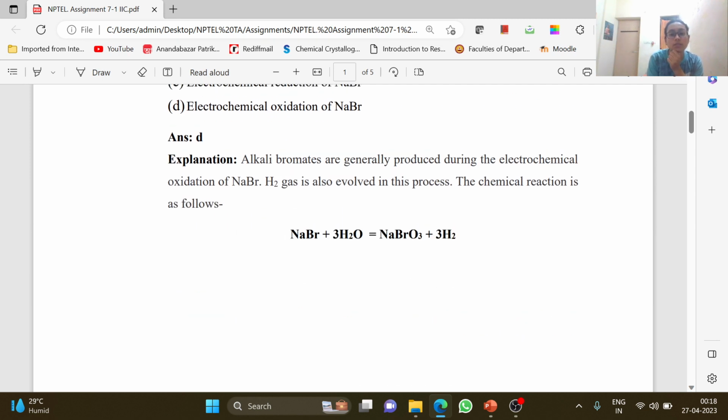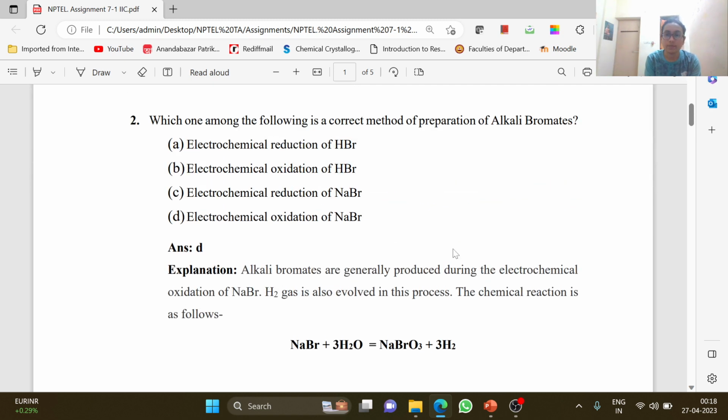Alkali bromates are generally produced during electrochemical oxidation of sodium bromide. Hydrogen gas is evolved in this process, and the chemical reaction is sodium bromide hydrolysis by H2O giving sodium bromate, NaBrO3, followed by hydrogen gas production.